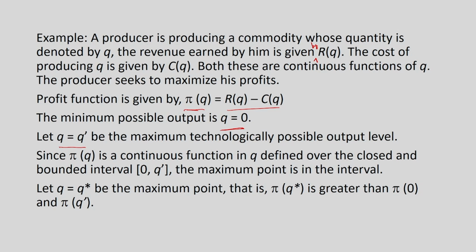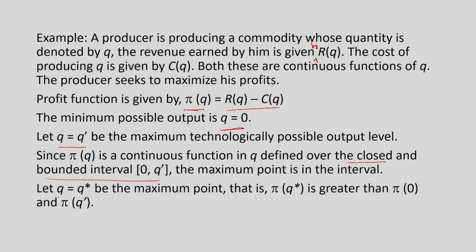He has to operate between these two. Now, pi of Q is a continuous function in Q defined over the closed and bounded interval 0 to Q dashed. And since it is a closed and bounded interval, by the extreme value theorem, the maximum point is there in the interval.